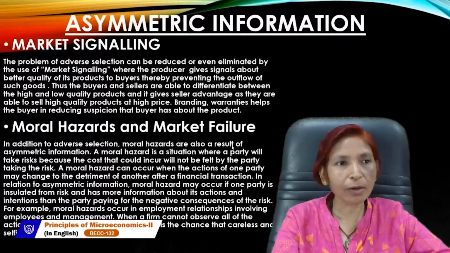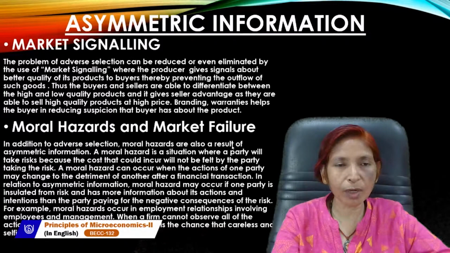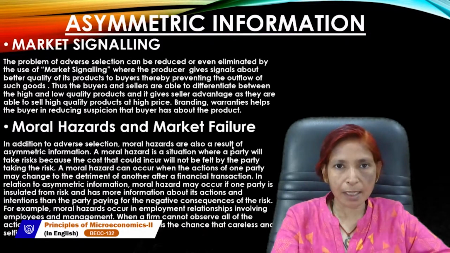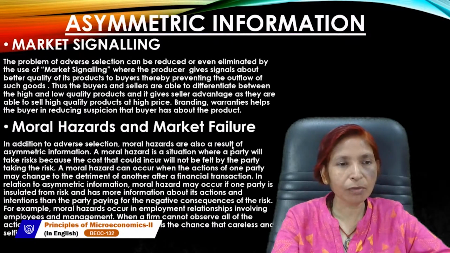The individual price would generate a low profit for the bank. Next is asymmetric information. Asymmetric information has two parts. One is adverse selection and the other is moral hazard. And asymmetric information, we can solve this problem with the help of market signaling.